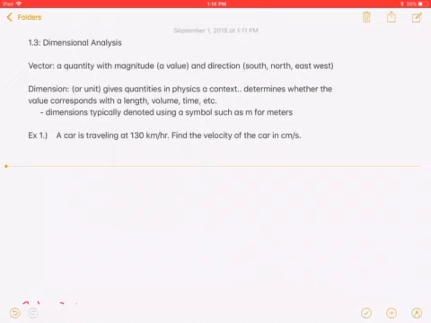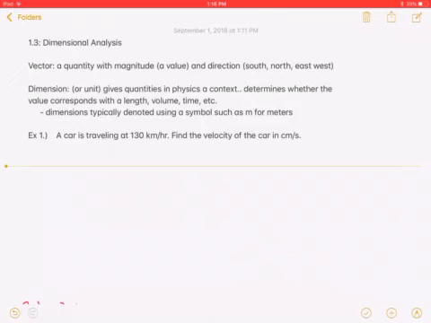Both scalar and vector quantities need dimensions in physics. It's kind of just a standard practice that we use dimensions to measure quantities. So a dimension, or commonly referred to as a unit, gives quantities in physics a context.